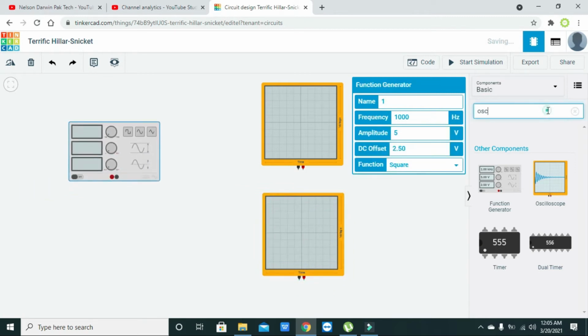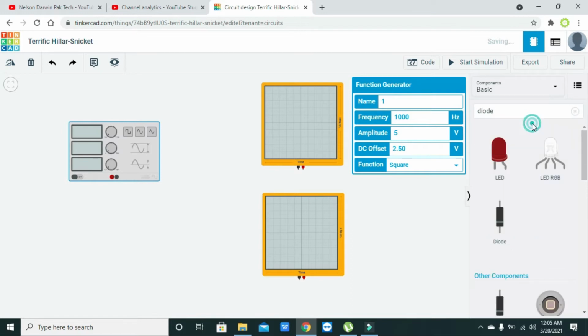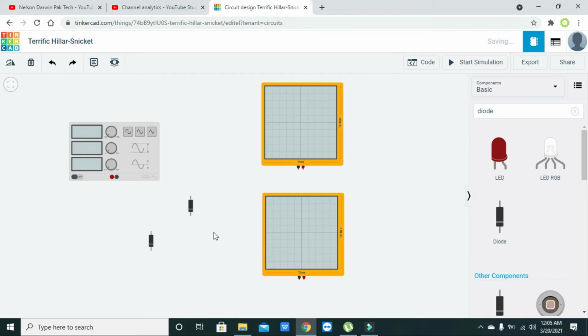Okay, now we also need to take one diode, and it is here. It's okay if we have just one diode, it will work for us.